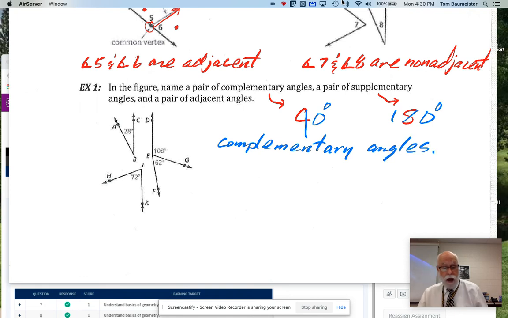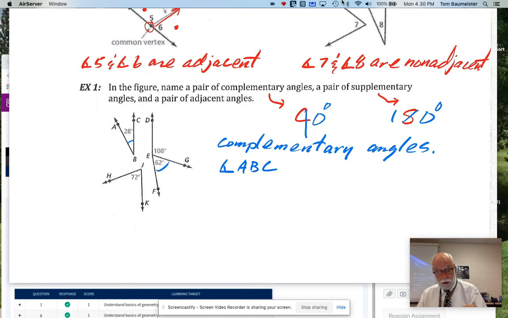And again, they have to equal 90 degrees. Well, it looks like here it's going to be angle ABC and angle GEF, this one right here.